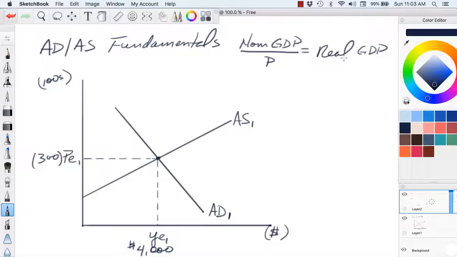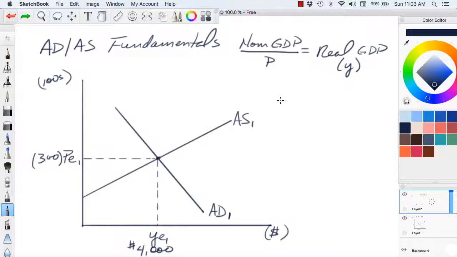Real GDP is being abbreviated with a lowercase y. So this lowercase y down here is real GDP. So nominal divided by the price level equals real, which means the price level times real equals nominal GDP. So I'm going to reorient that formula, and I'm going to move that a little bit over here, because I don't like that there.